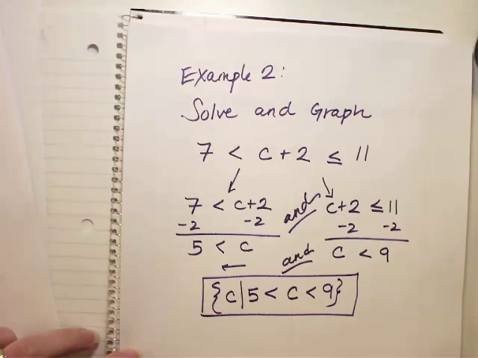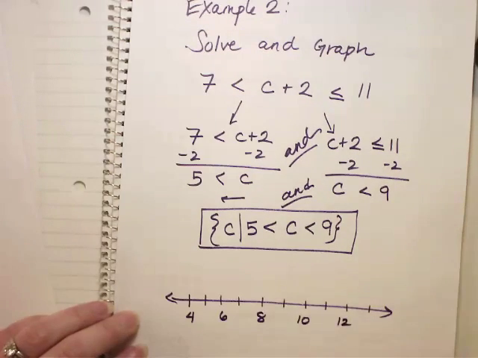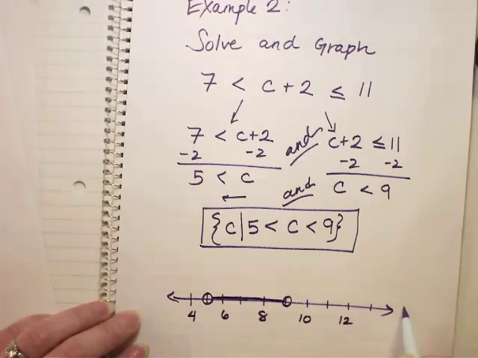Okay? And I have the numbers for 6, 8, 10, kind of laid it out here. And then 5 is open circle on the 5, and then open circle on that 9, and it's graphed right in between. Okay? And you can put a c there.